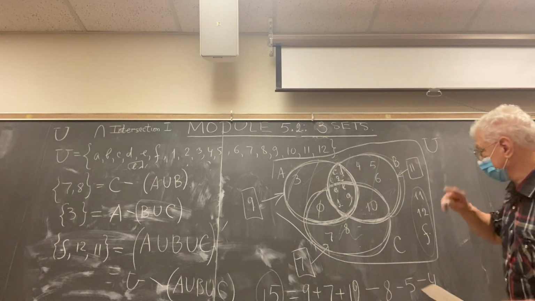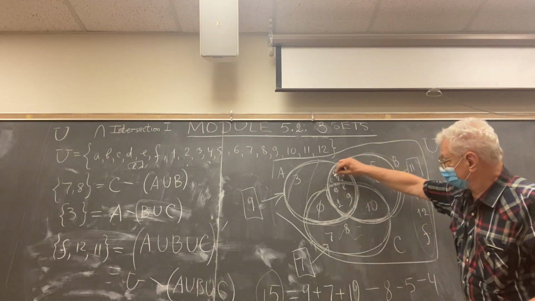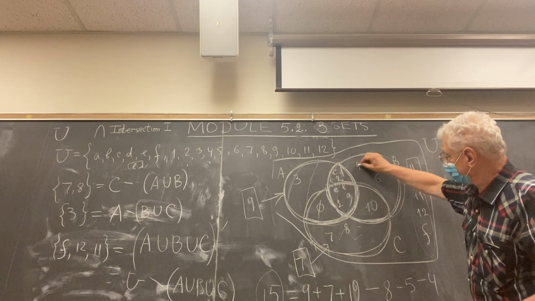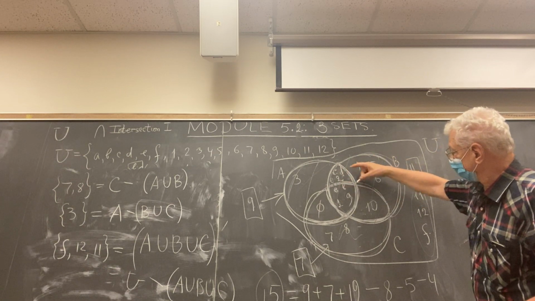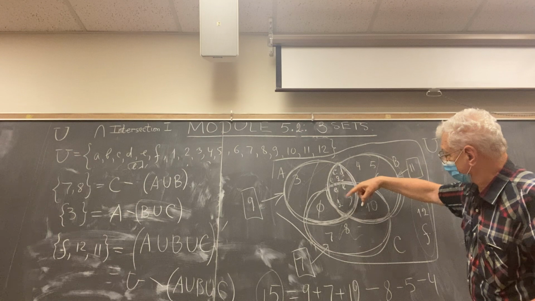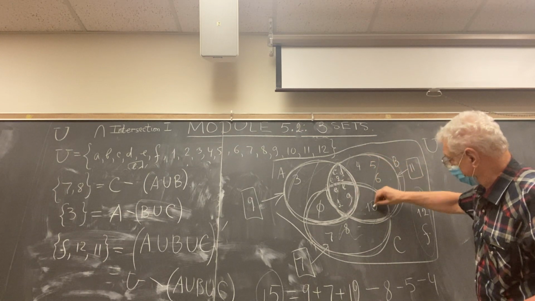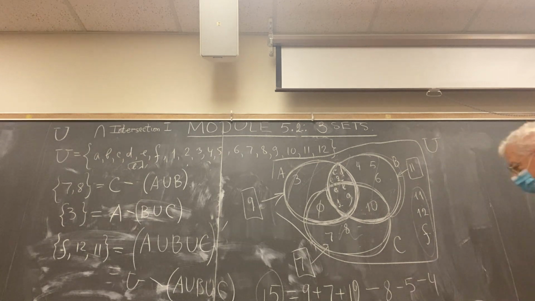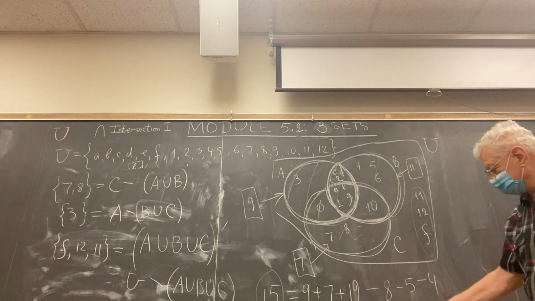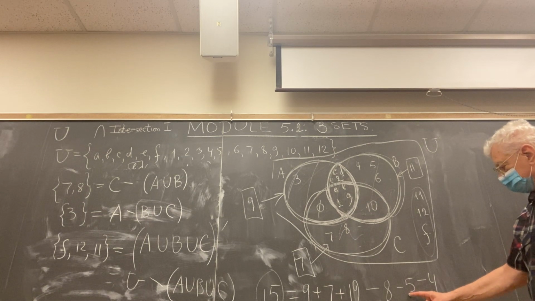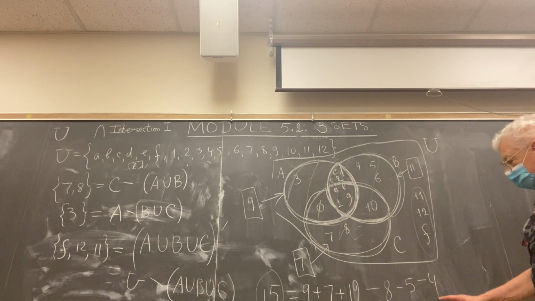Let's check once again. 1, 2, 3, 4, 5, 6, 7, 8, 9, 10, 11, 12. Yes, 12. So that was a mistake. Now 28 minus 8 is 20, minus 5 is 15, minus 4 is 11.